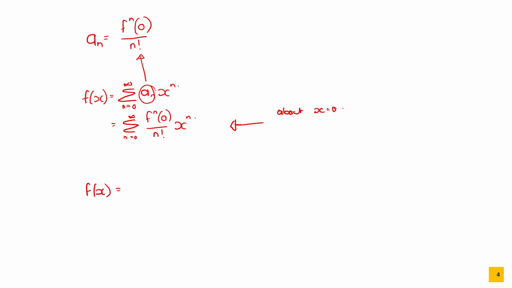So our function is equal to the summation n equals 0 to infinity of f^(n)(c), what we're taking it around, over n factorial, times (x minus c) to the power of n. And this is going to be our Taylor series. So the Maclaurin series is the special case about x equal to 0, and our Taylor series is the more general case where we can put in any c value we're going to approximate around.